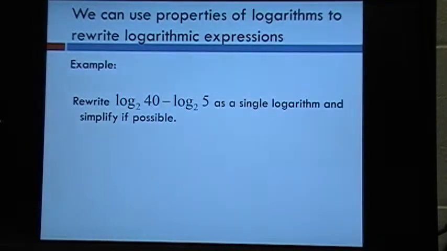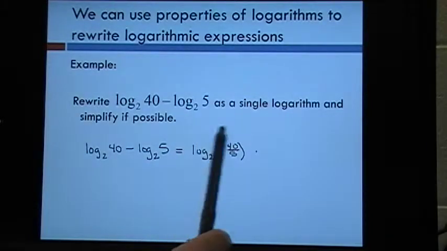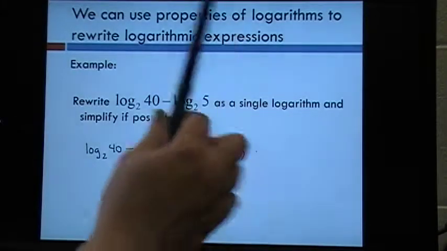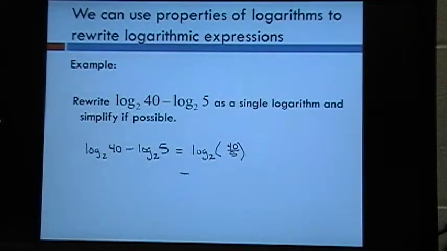So according to the quotient rule, log base 2 of 40 minus log base 2 of 5 is the same as log base 2 of 40 over 5. And I can simplify that. 40 divided by 5 is 8. So this is the same thing as log base 2 of 8.